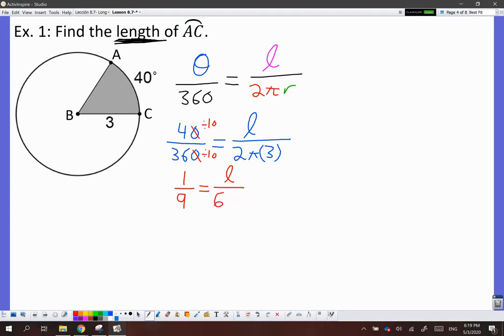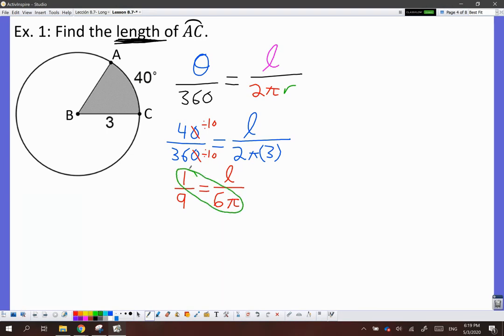When I want to leave my answers in exact form, that pi that you ignored, we're going to bring it back. When I'm working with pi, ignore the pi. Do everything else that's around the pi. In fact, you can treat pi like if it was an x or a y or any other variable. Just leave it alone and do everything else around the pi. So in this case, 2 times 3 is 6, and I'm just going to put that pi there next to it.